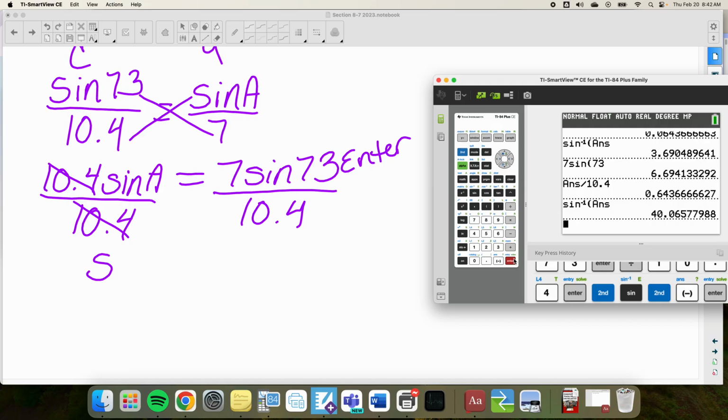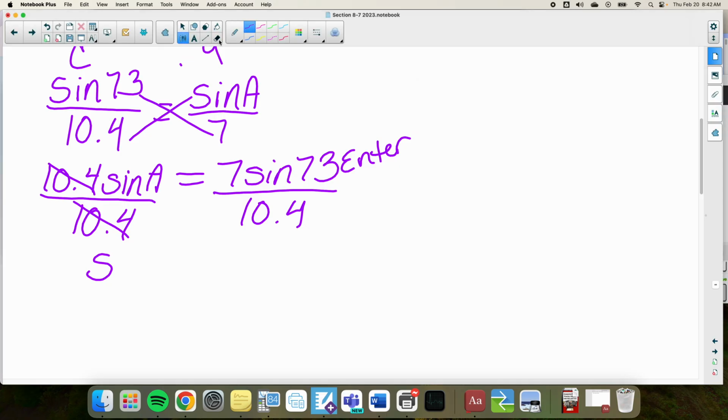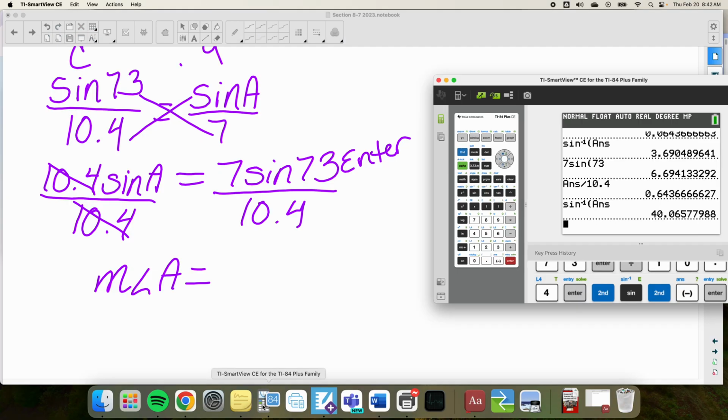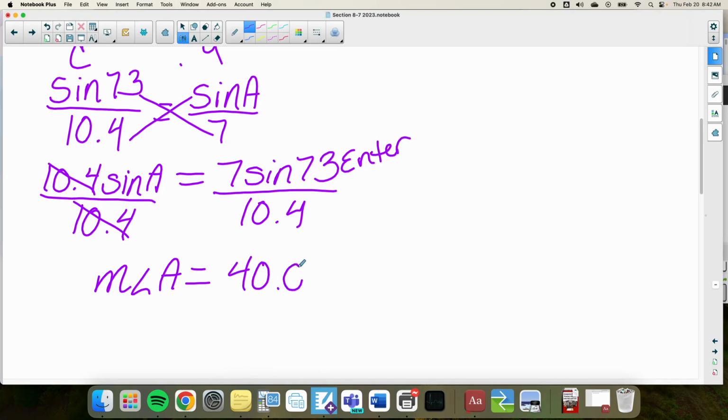Did you get 40.07? Okay, thank you. So angle A then equals, the measure of angle A equals 40.07.